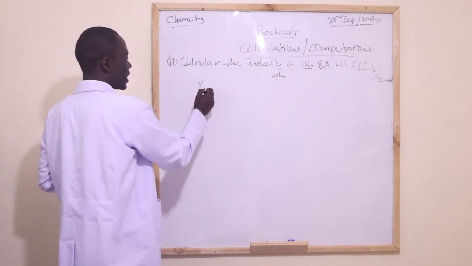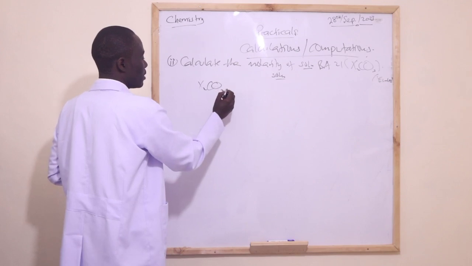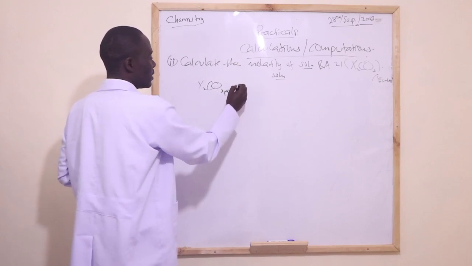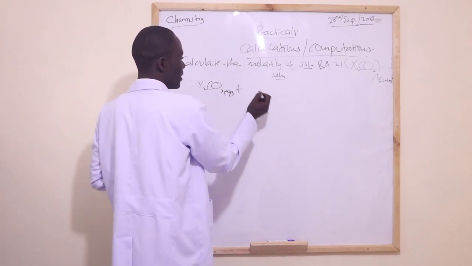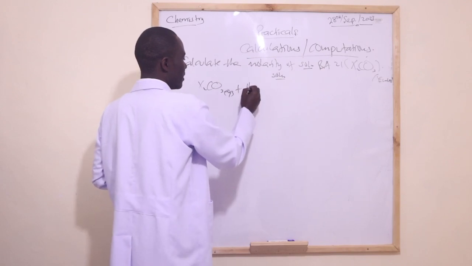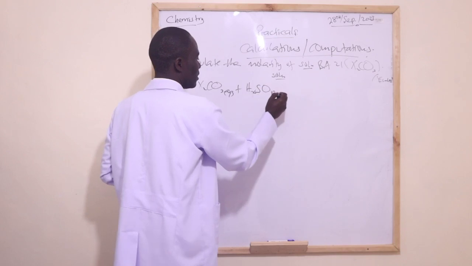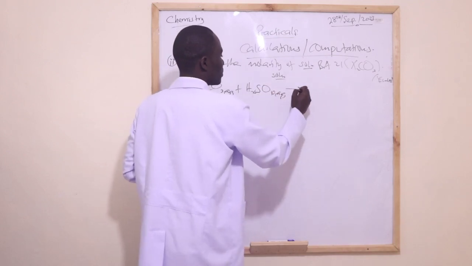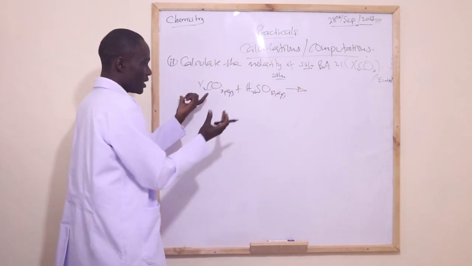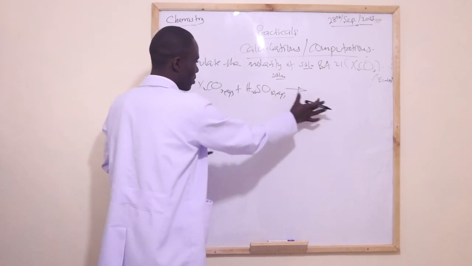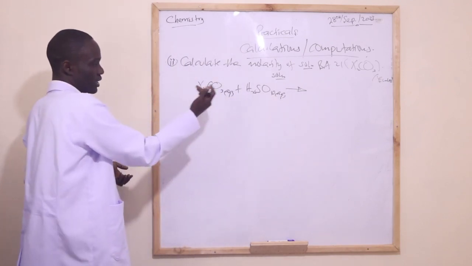this X carbonate, which is in solution form, reacted with the sulfuric acid. So in this manner, for these reactants to form products, they must be able to dissociate into ions.